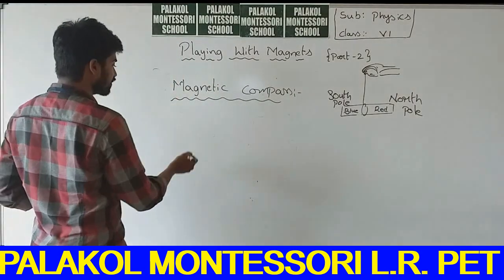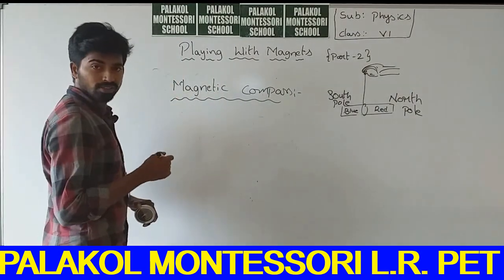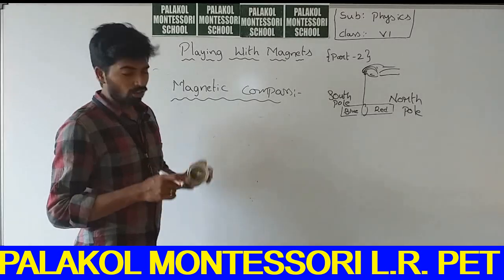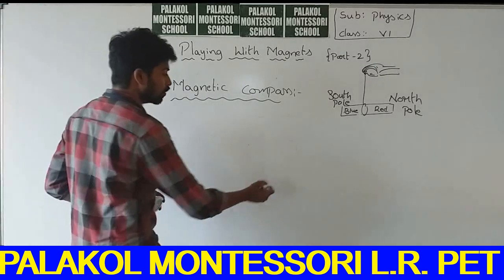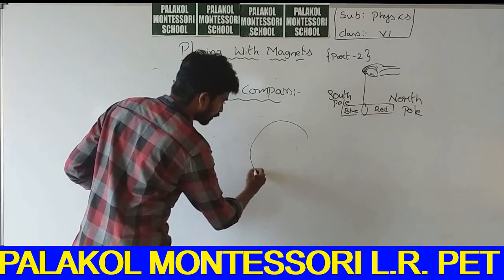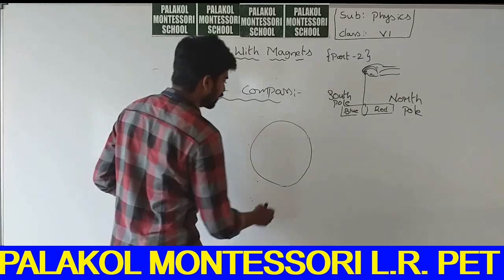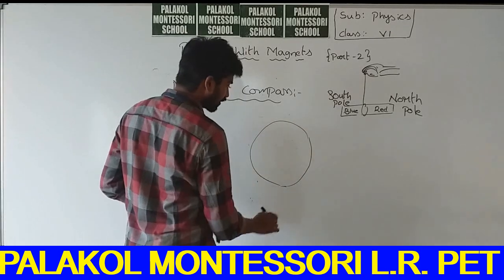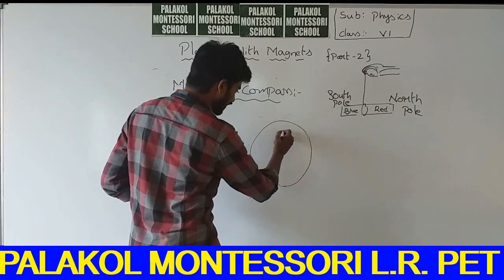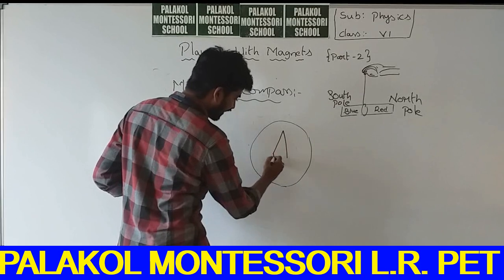So a magnetic compass is a small box consisting of a magnetized needle. It is a small circular box, or it can be available in different shapes also. It is covered with glass, and it consists of a needle.